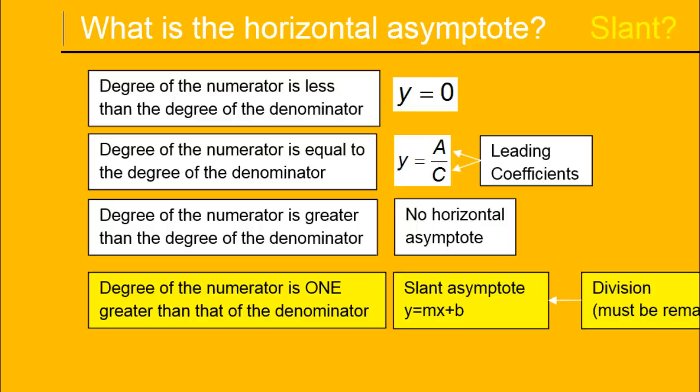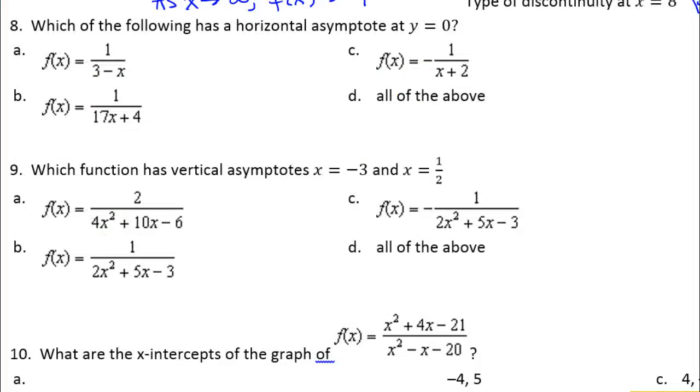So that's all we're looking for, the one where the degree of the numerator is less. The degree of the numerator here is 0, and that's 1. 0 and 1. So all of the above. All of these have a horizontal asymptote of y equals 0.